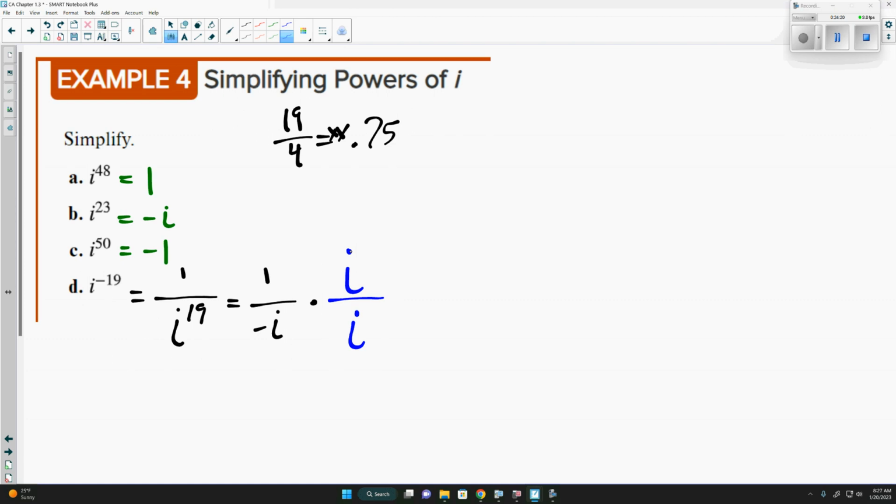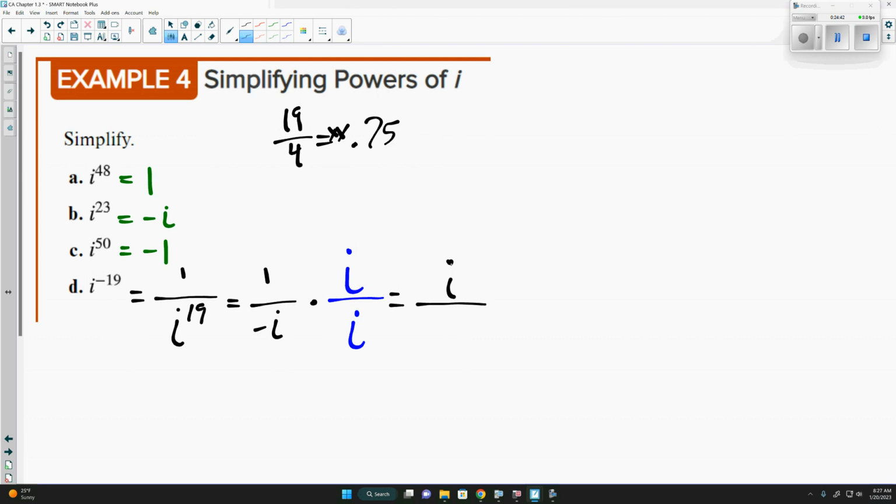So what we're going to do is multiply top and bottom by the complex conjugate. The complex conjugate is where we take the sign in front of the i term and flip it. So if it was 2 plus 5i, its complex conjugate is 2 minus 5i. And multiply these together. 1 times i is i.